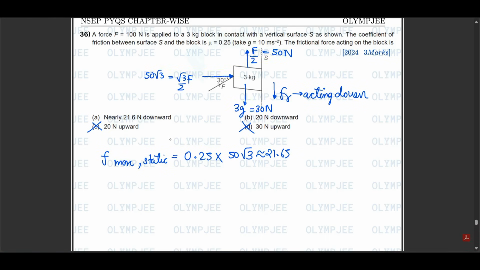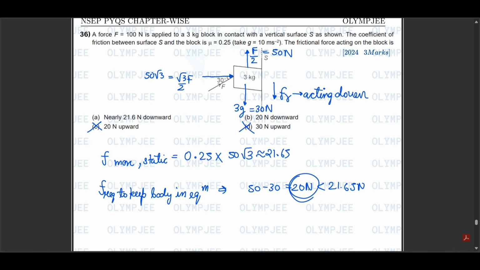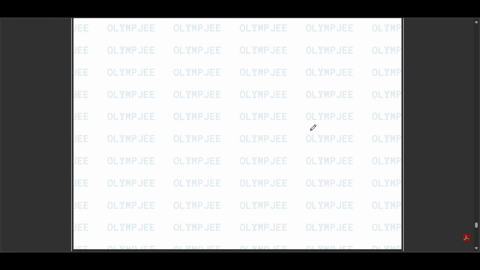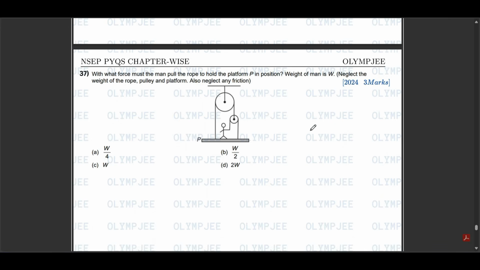So that is 50 minus 30, which is 20 newtons, and since this is less than 21.65 newtons, this is our correct answer. So the answer is option B. Hope this is clear. And moving on to the next question.